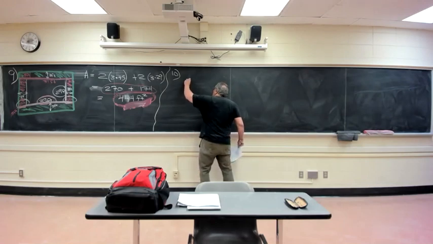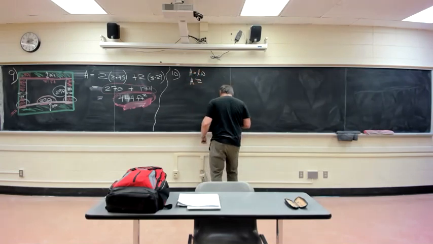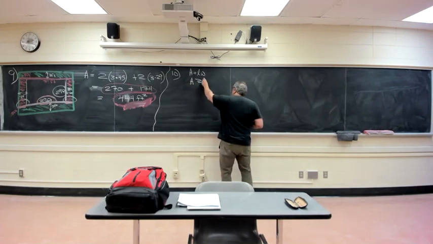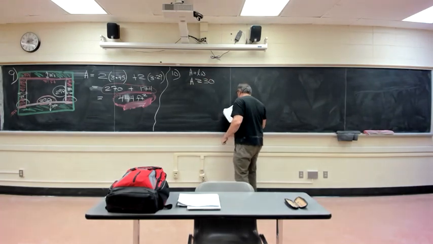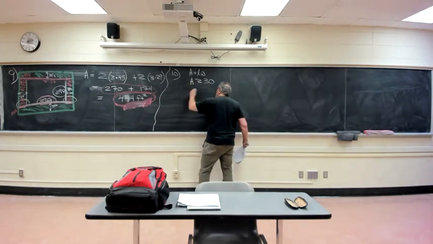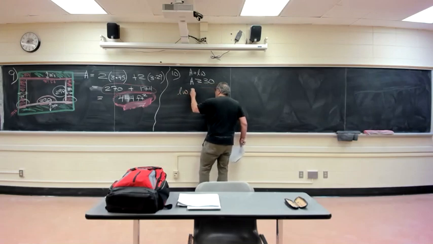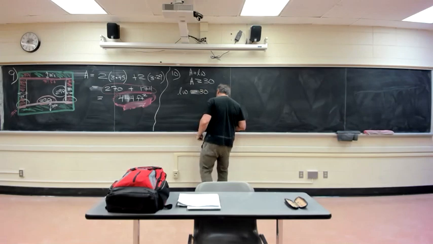So the area is length times width. The area has got to be at least, greater than or equal to 30 square yards. Well, the area is length times width, so the length times the width has got to be greater than or equal to 30.